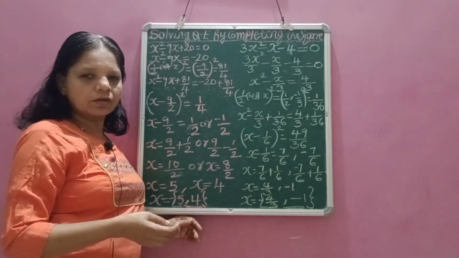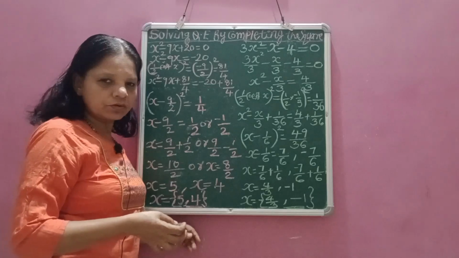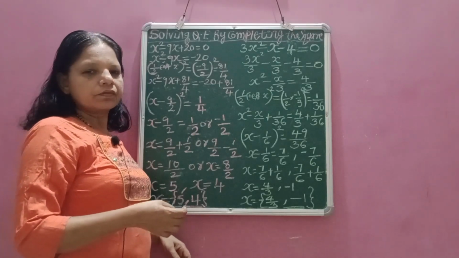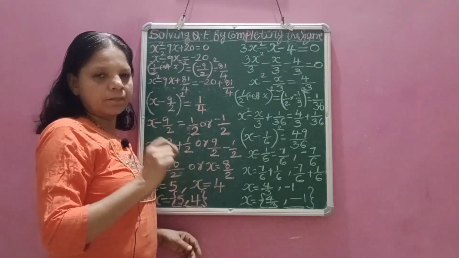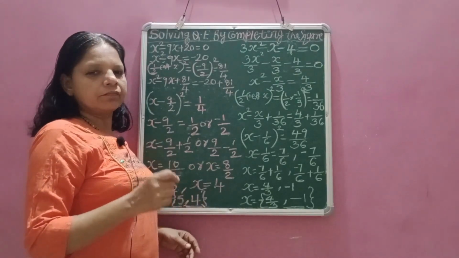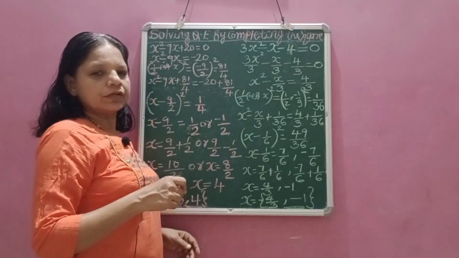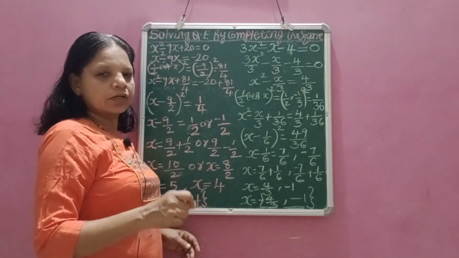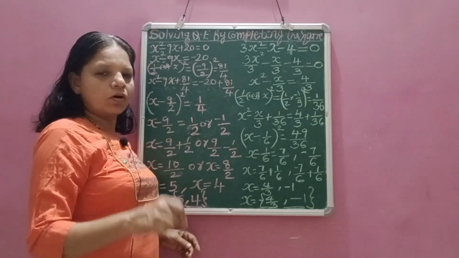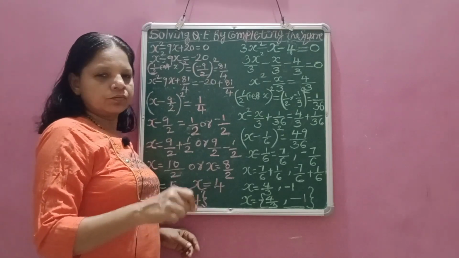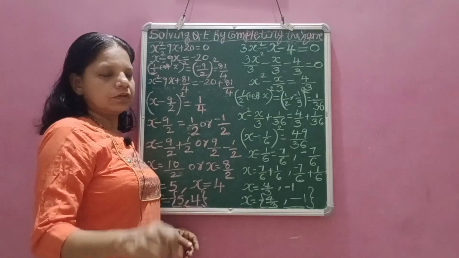This is the method of finding solution of a quadratic equation by completing the square. Understood? Completing the square. We are making the LHS of the equation a perfect square in the form of a square minus 2ab plus b square or a square plus 2ab plus b square.